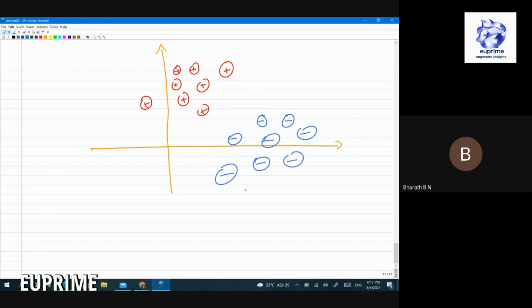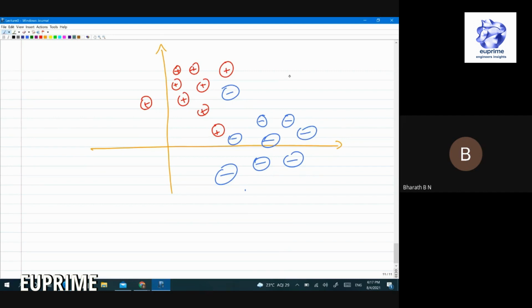Maybe once in a while you have a minus here and maybe you have a plus here. But that's okay. So what can you say from this data pattern? Obviously, the plus signs are on one side, minus signs are on the other side. That's the pattern, right? An obvious pattern that you can immediately recognize. Now, if you have to separate these 2 patterns, what is it that I have to do?